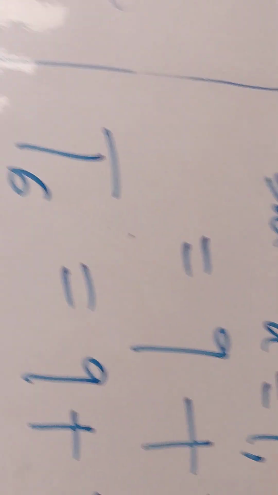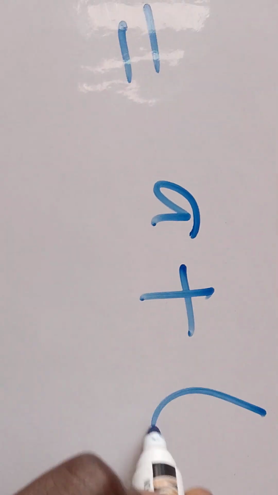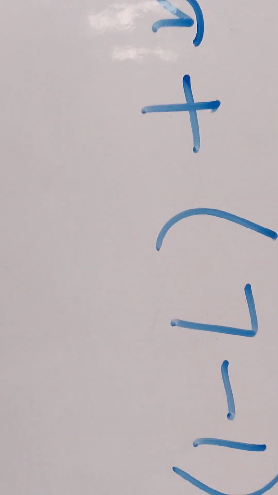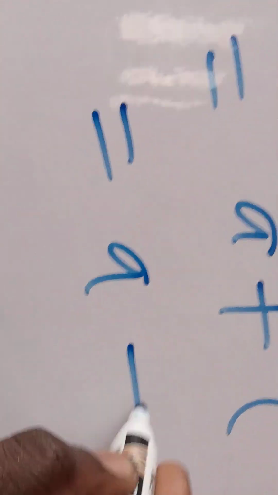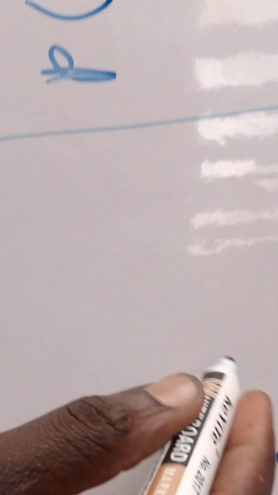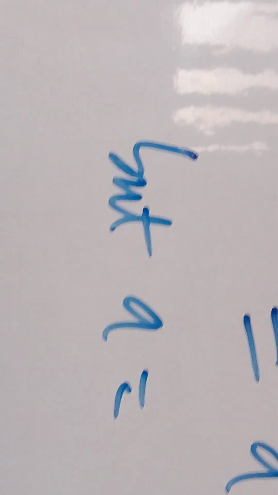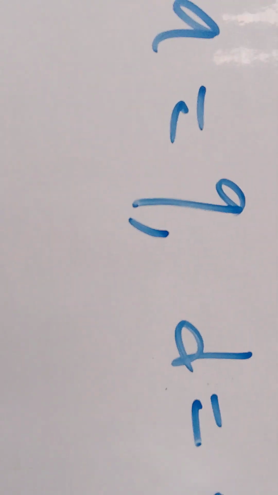Now look for T7, the seventh term, equals A plus 7 minus 1 times D. And 7 minus 1 is 6, so we have A plus 6D. We know A is 9 and the common difference is 4.